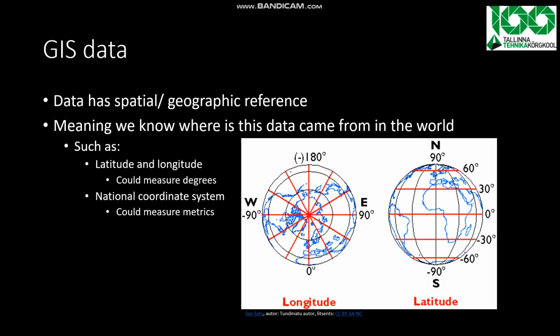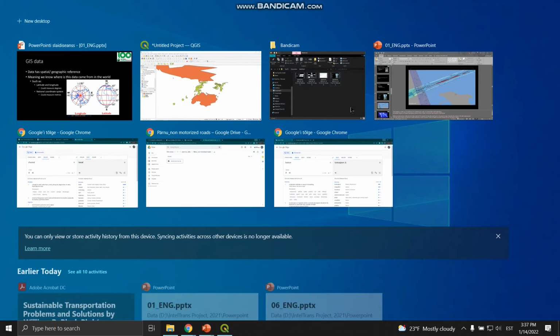That means we have latitude and longitude. Those are in degrees, but we are going to work with the national coordinate system, and that gives us the ability to measure in metrics. With latitude and longitude it's harder, and we don't do it. In the national coordinate system it's easier. So we are using our national coordinate system, and I will show you.